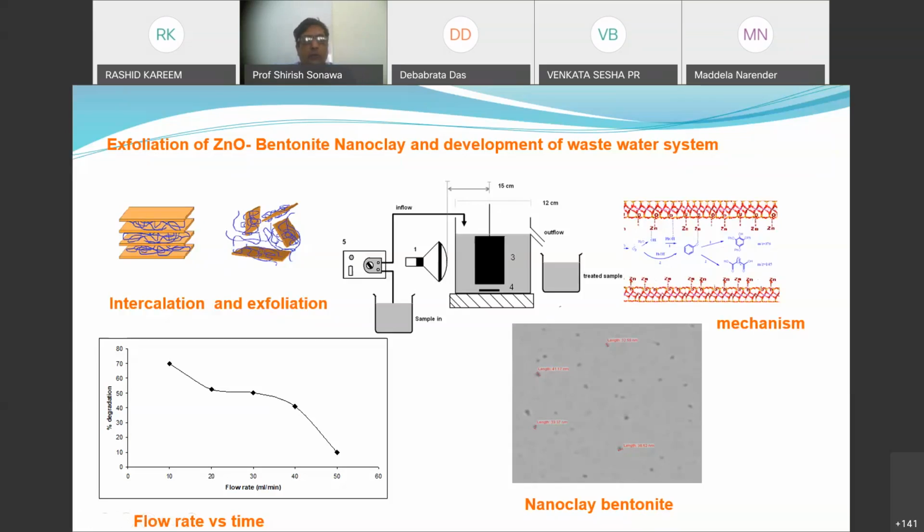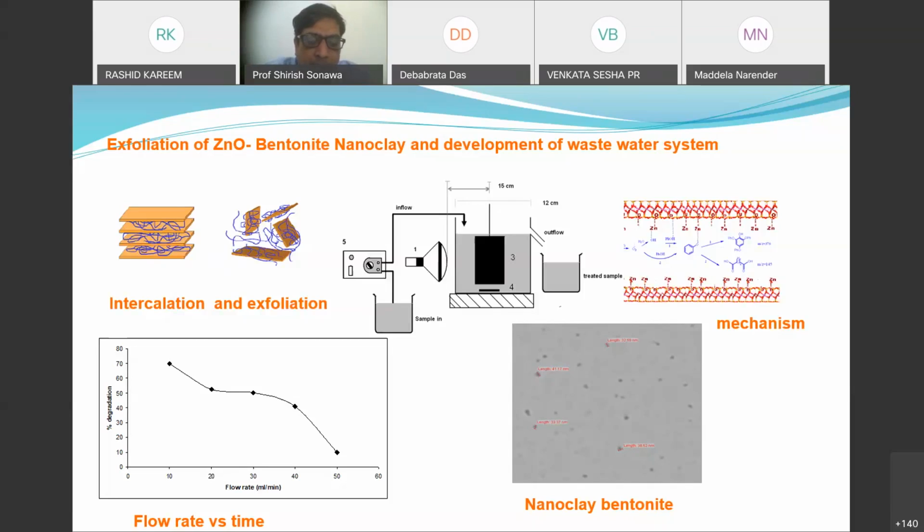Using ultrasound, we can exfoliate or separate each layer, each platelet, and that will strengthen the overall mechanical properties of the polymer composite. This is one good example, and commercially it is a viable process. People are already utilizing it in industry, specifically in the automotive industry.